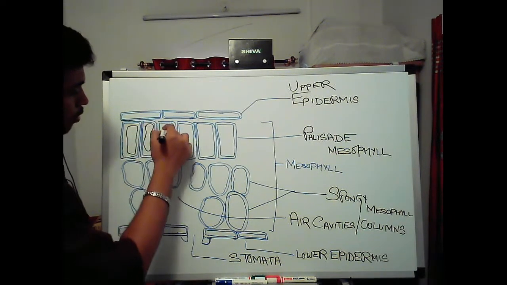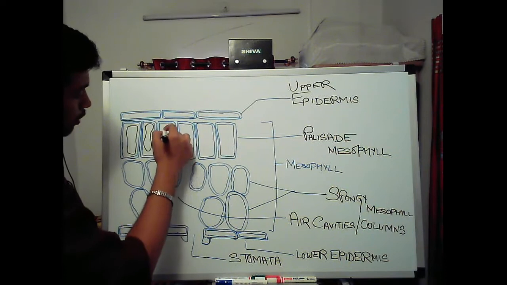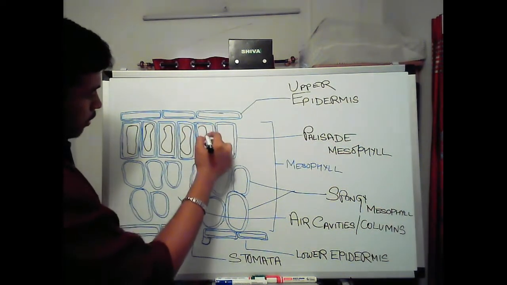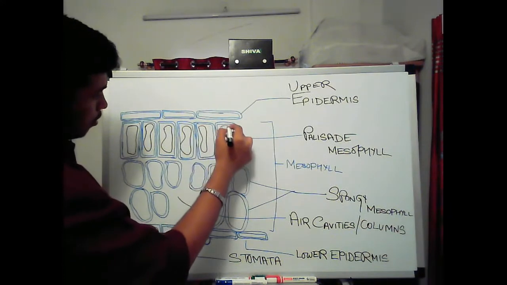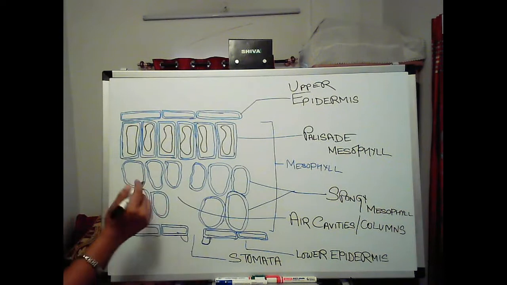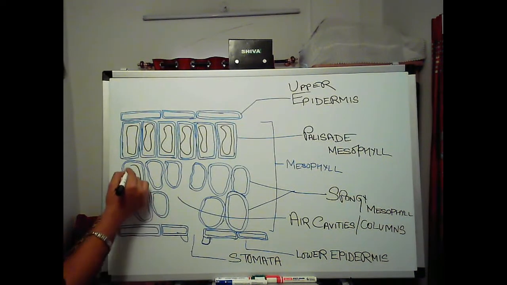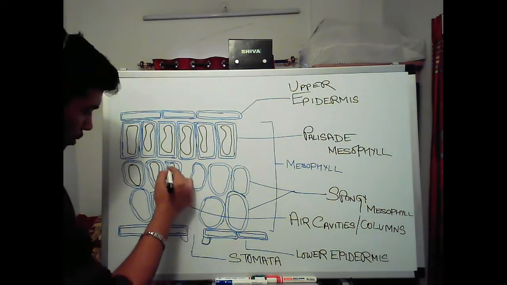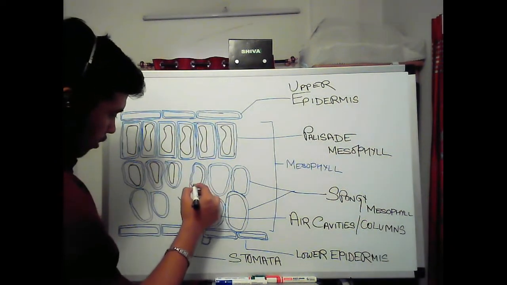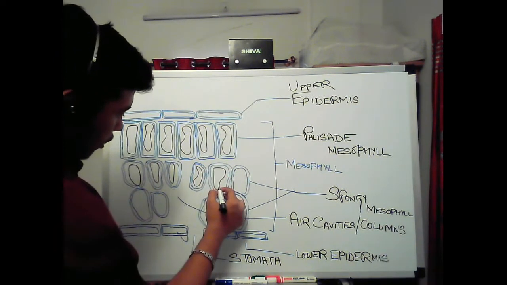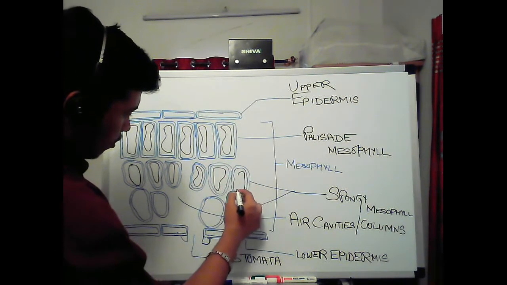The majority of the cell space is taken up by the vacuole, though not always. You can always find exceptions everywhere.